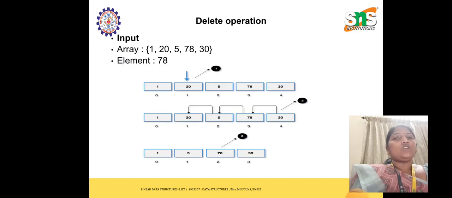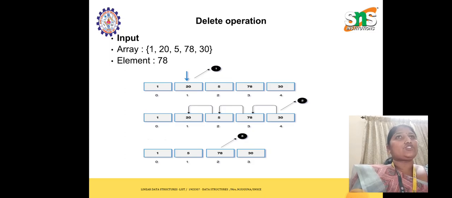So here we have the elements 125, 78 and 30. If we want to delete the element 78, we have to do a left shift operation. If we delete 78, then 30 will come to that position.